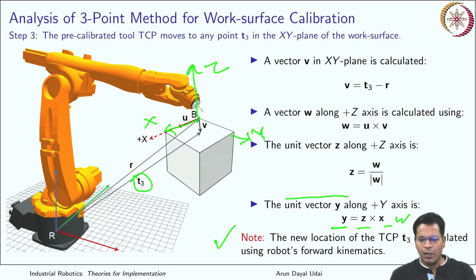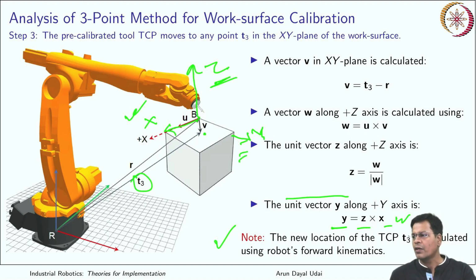So you got all the axes. You got x through the first step. You got z, and finally y.